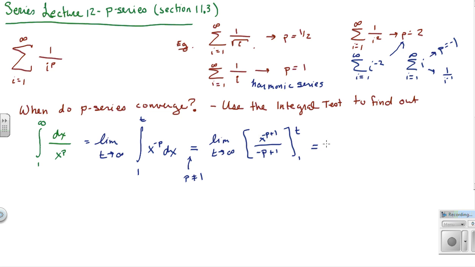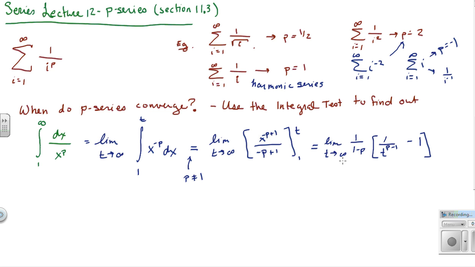That's going to be the limit as t goes to infinity of, we can pull out that constant, 1 over 1 minus p, times, and let's bring that p to the denominator, 1 over t to the p minus 1. You negate the exponent when you put it in the denominator.